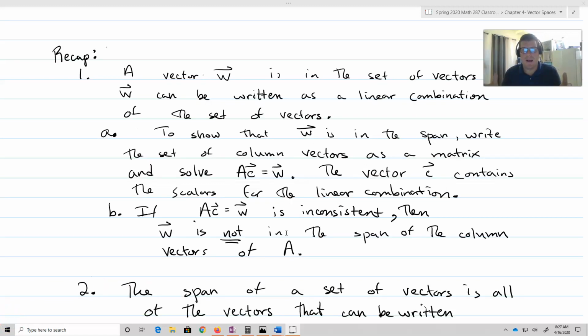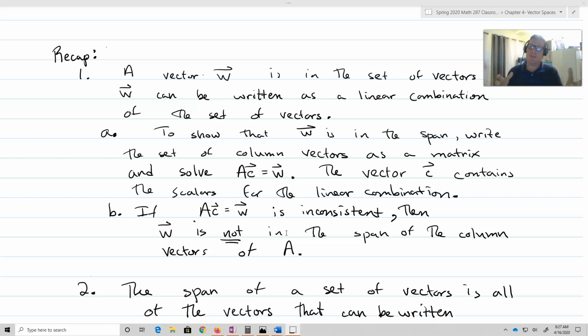All right, so let's recap. A vector W is in the span of a set of vectors if W can be written as a linear combination of that set of vectors. To show that W is in the span, we write the set of column vectors as a matrix and solve AC equals W. The vector C contains the scalars for the linear combination.